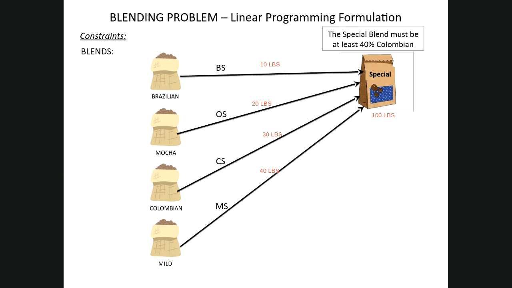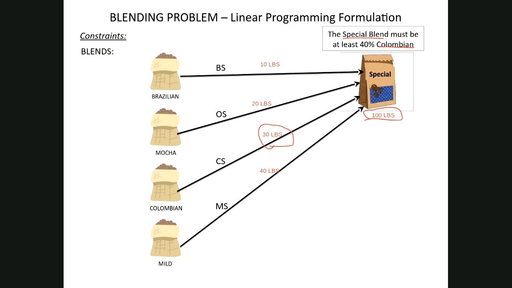All right. So if we wanted now to compute the amount of Colombian that's in the special blend, how would you compute that? Well, what we know is we've got 30 pounds of the Colombian in this total amount of special.